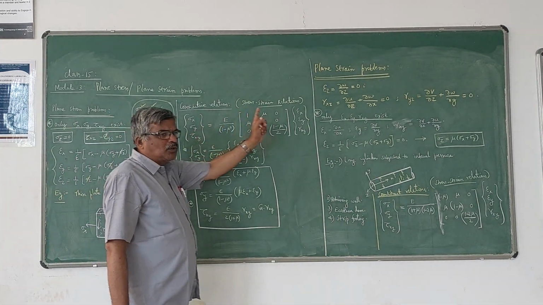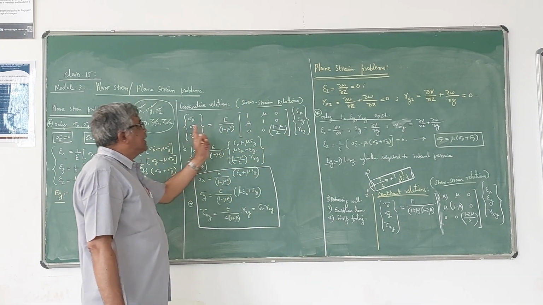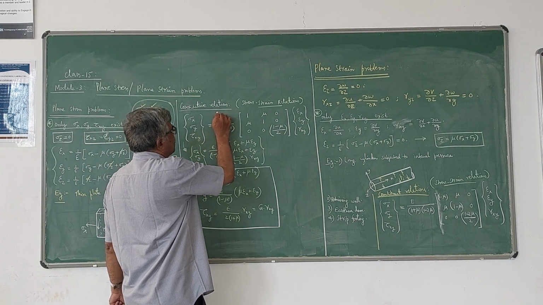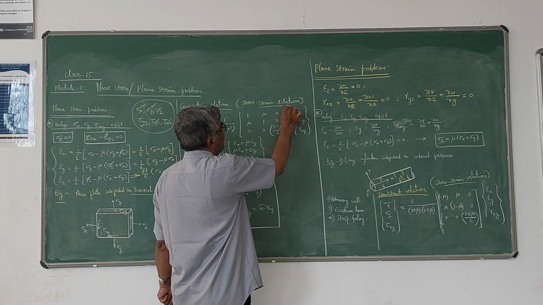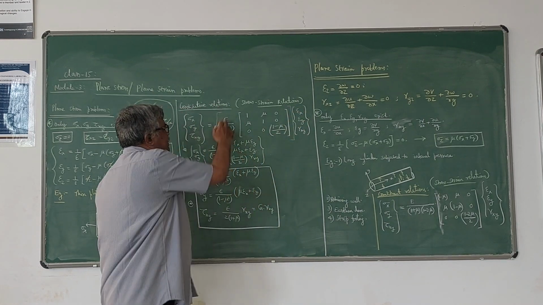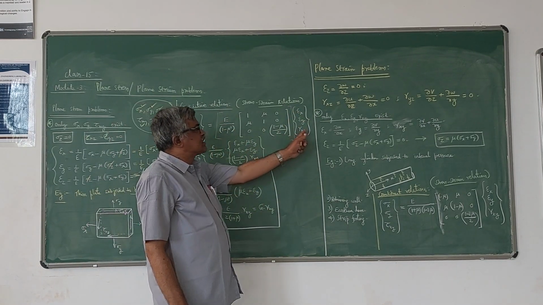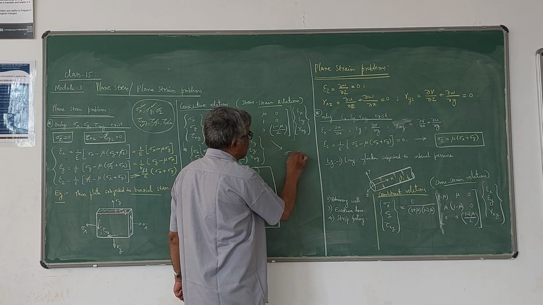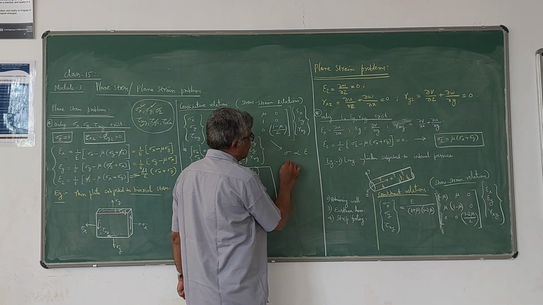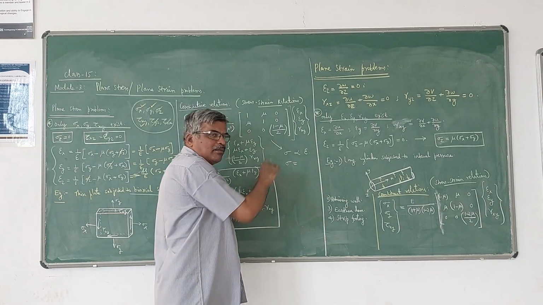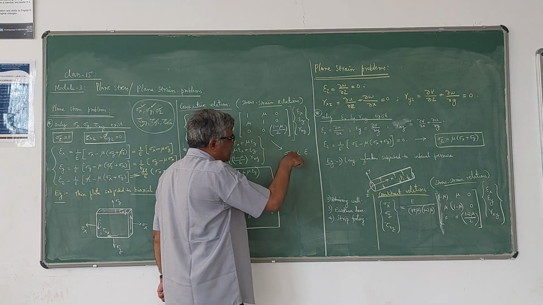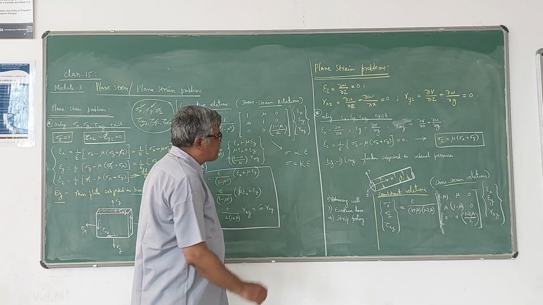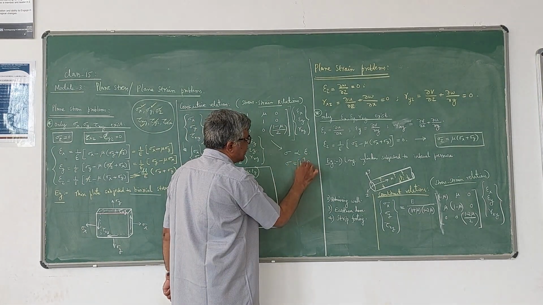If you equate them to strain components, a constant matrix will be there, which consists of only constants, that means E and mu terms, and then strain. That means you can say that stress is directly proportional to strain. If you remove that proportionality symbol and replace it by an equality symbol, you get a constant, k into epsilon.